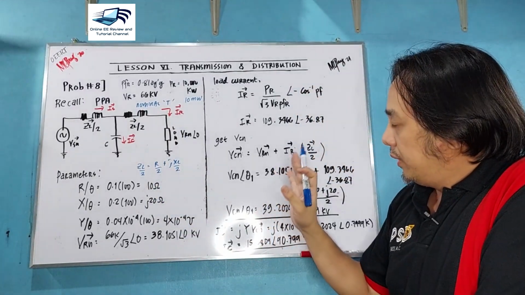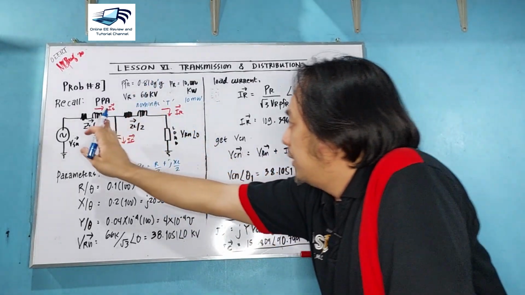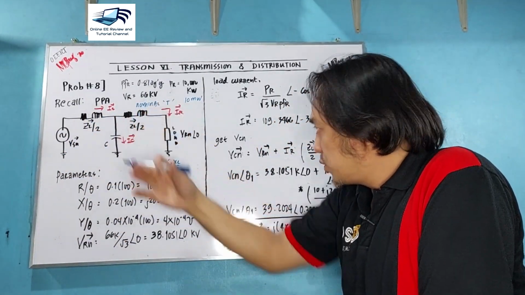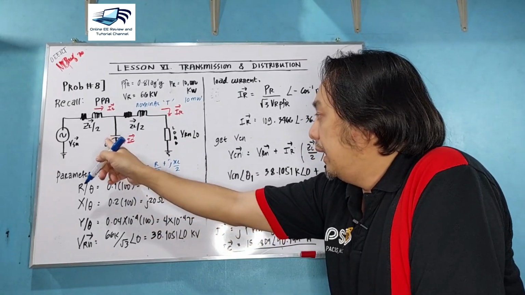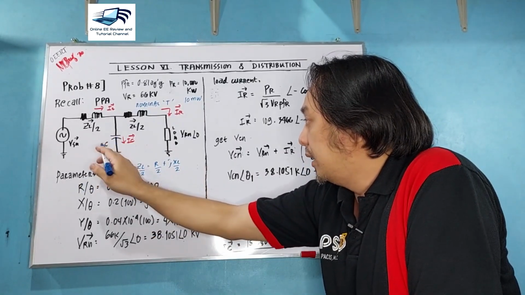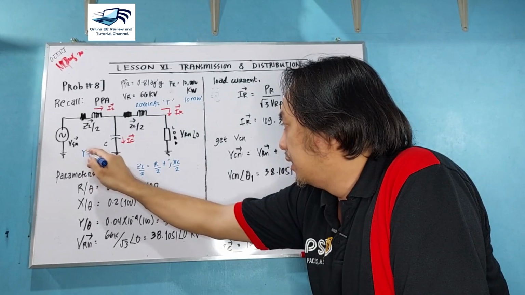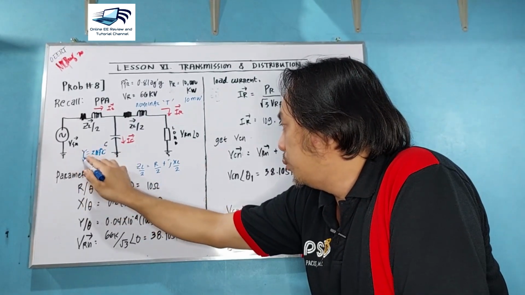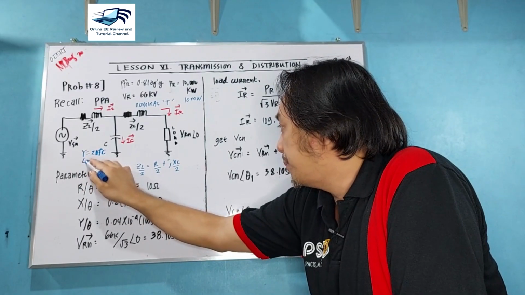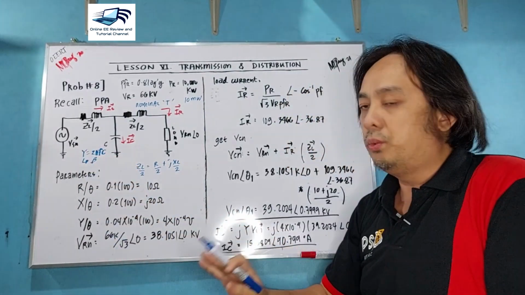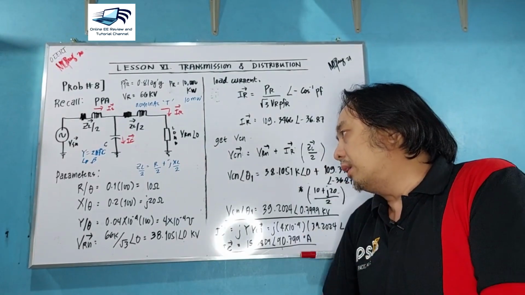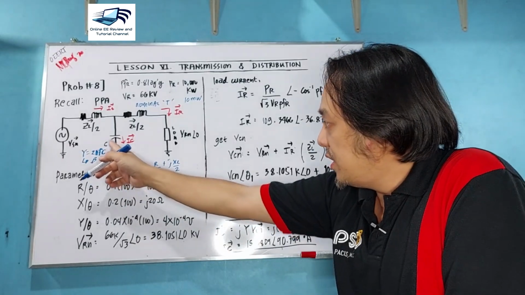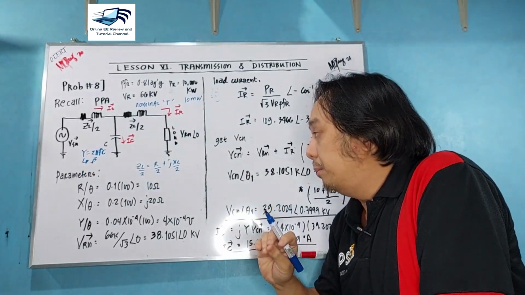For this, it is distributed at the sending end and the receiving end. That's why it is called nominal T, and you have a lumped parameter here, which is your C. And definitely your C here, if you can still recall, is 2 pi FC, which is definitely your susceptance, considering in a medium line, the conductance is negligible. Now in this case your C parameter is lumped at the midpoint.